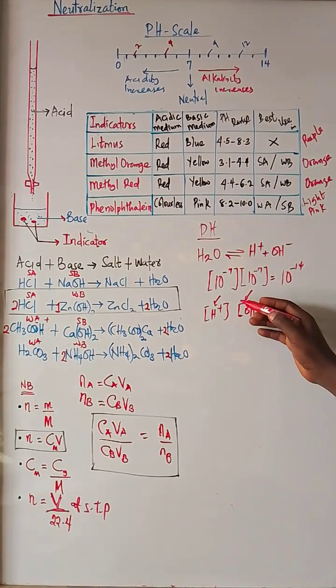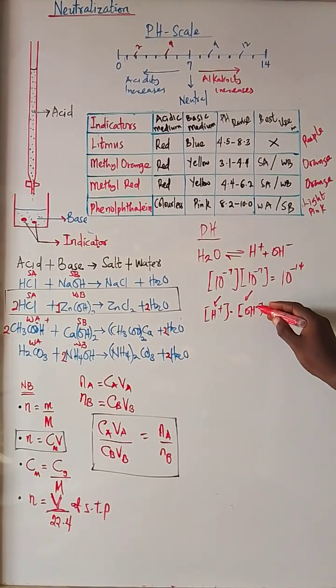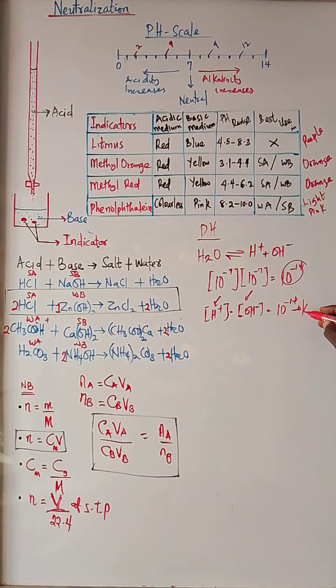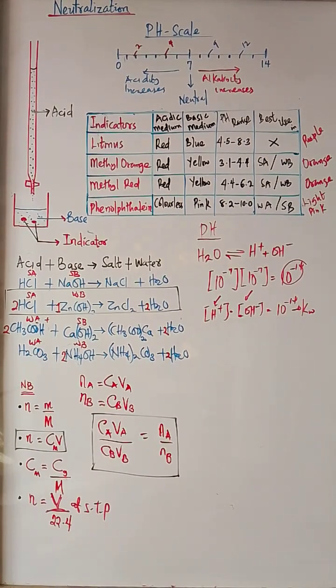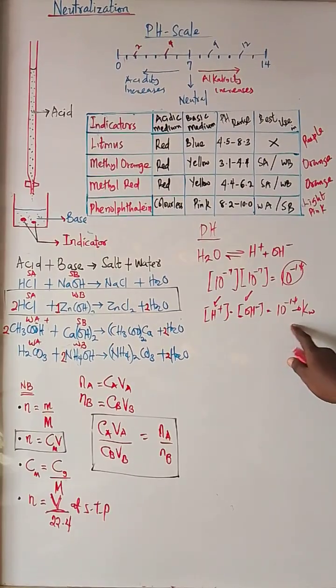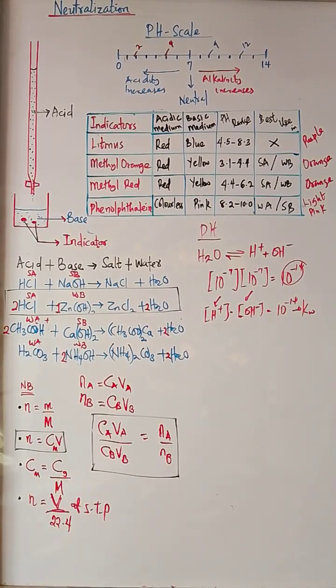When we multiply the concentration of hydrogen and hydroxyl ion, what we get, which is this 10 to the minus 14, is called the ionic product of water. And this value is constant at 25 degrees Celsius in all circumstances. As long as the temperature is maintained at 25 degrees Celsius, this is called the ionic product of water, and it is meant to be constant.